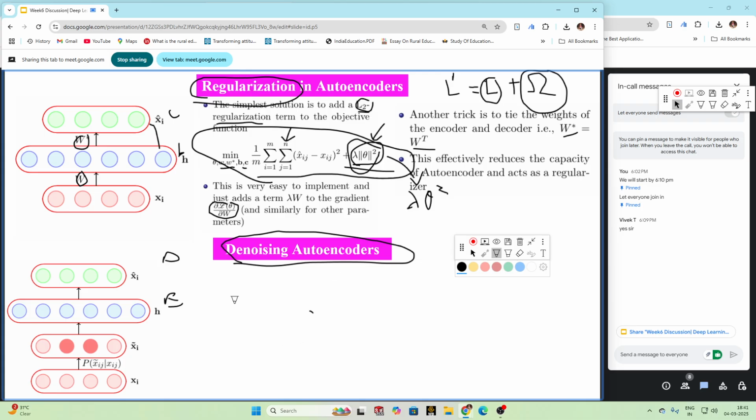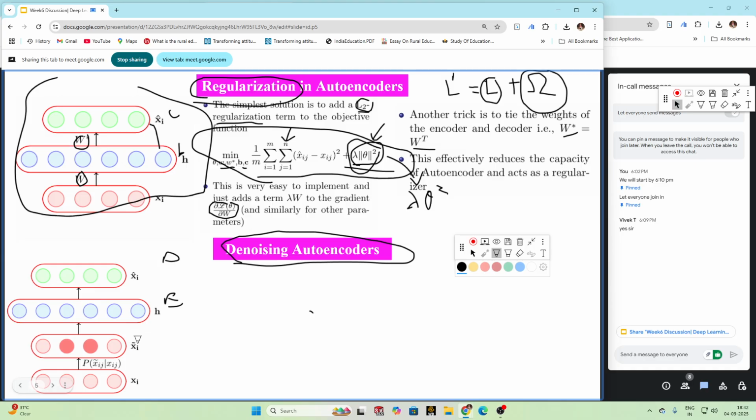So again I am repeating, this is the original autoencoder. Here we have the original input that we are encoding, and that only we are decoding. Now if I say we will not supply the original input to the encoding layer, but we will supply a noisy input, that is, we will add some noise to our input so that it becomes xi tilde, a noisy input.